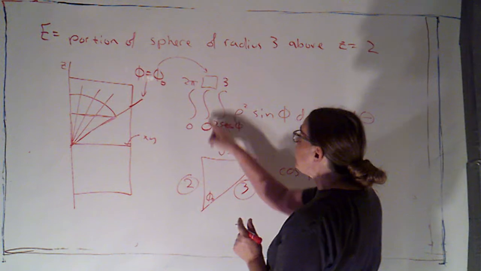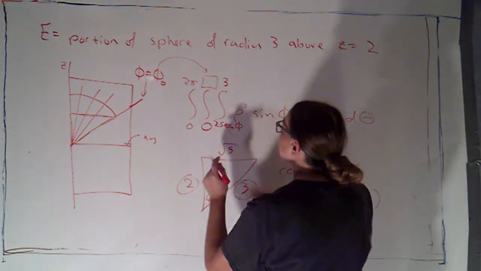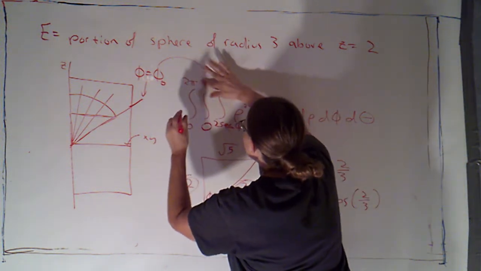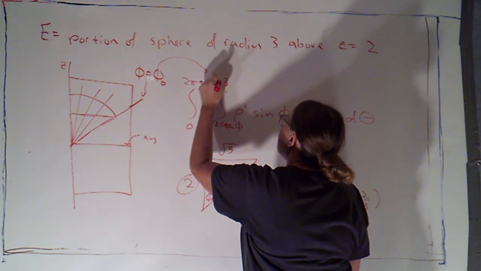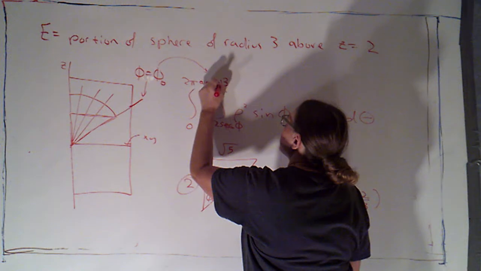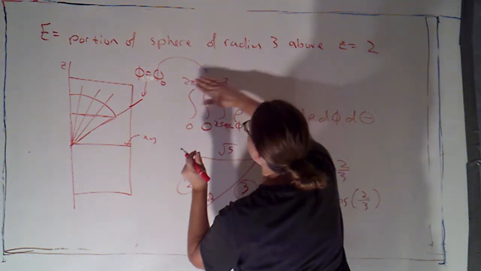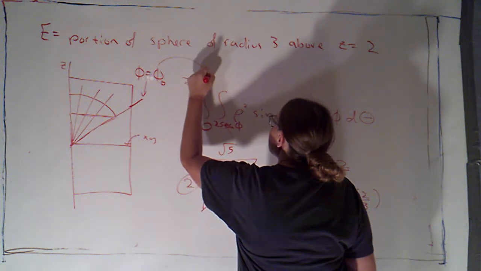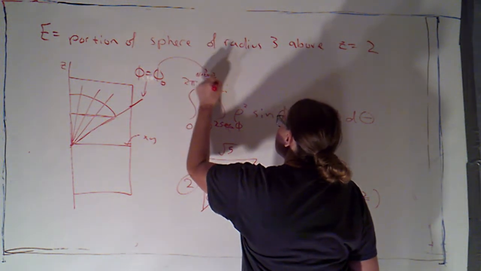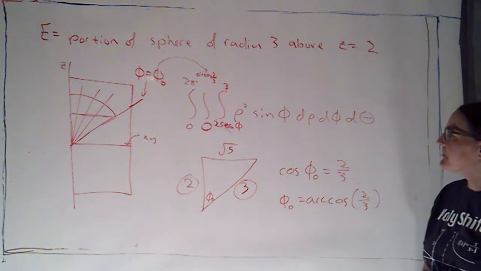So my phi values would go from 0 to arc cosine of 2/3. Yeah, I can make that fit. Arc cosine of 2/3, and this was a value of 3.